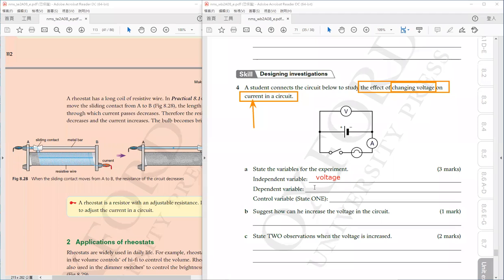So the dependent variable is the size of current. For the control variables, you can say the length of wire, or the resistance of the light bulb.